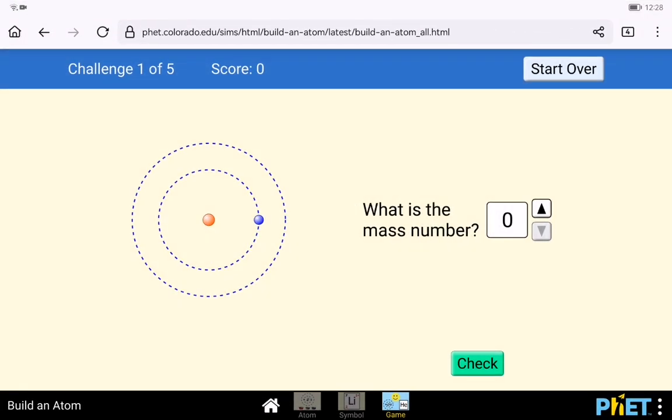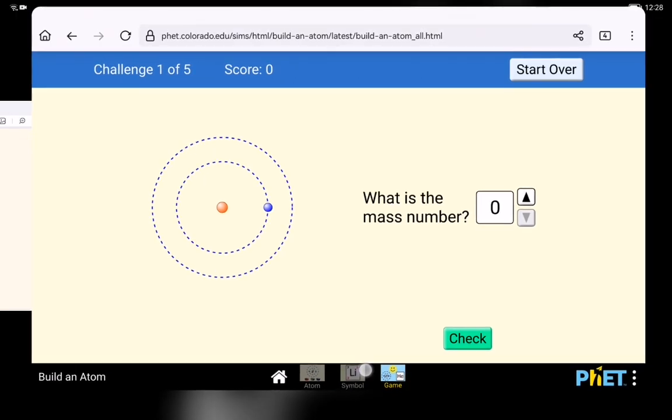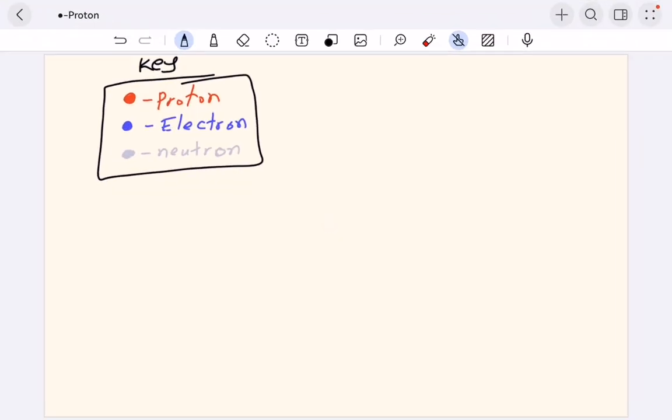Going back to the question, in this question we are required to find the mass number. Looking at what we're given here and referring to the key, we have one red and one blue.